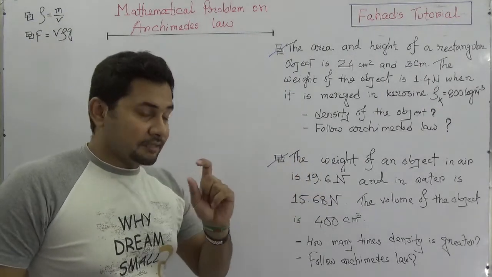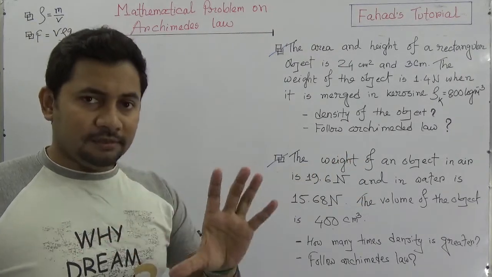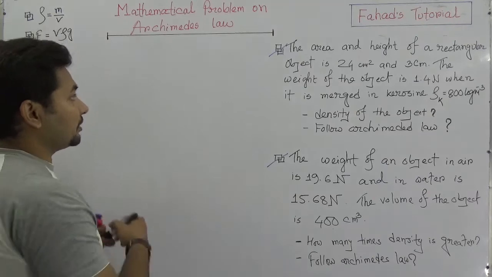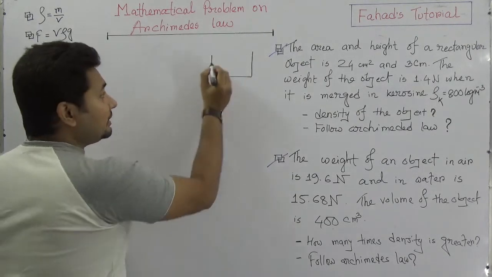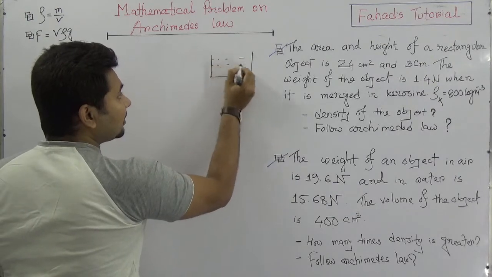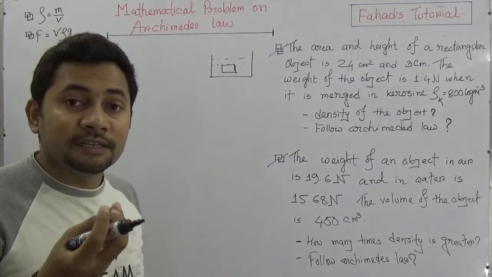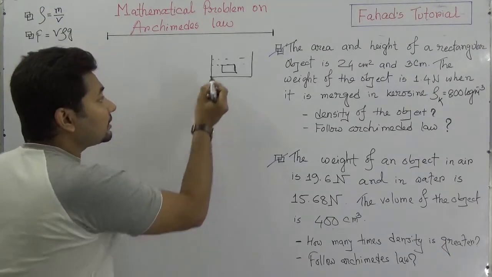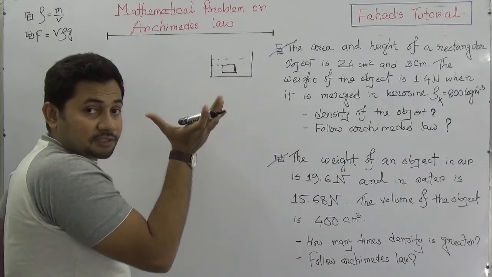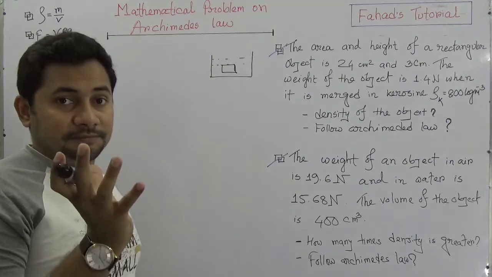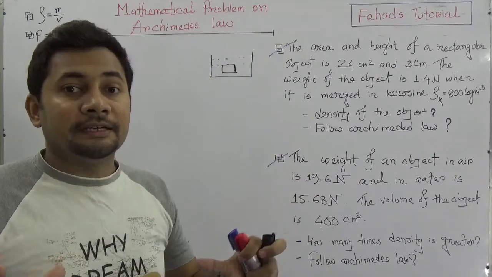Think about what is written: the weight of an object. Whatever the object is, one thing is important: what is Archimedes' law? If any object is submerged into water, then it will definitely lose some weight, and that lost weight is equal to the upthrust or the buoyancy, or the weight of water displaced by the object.